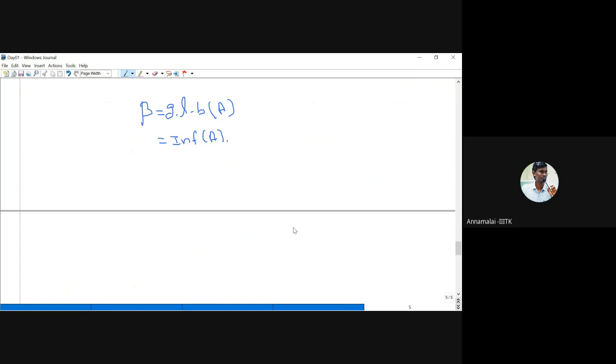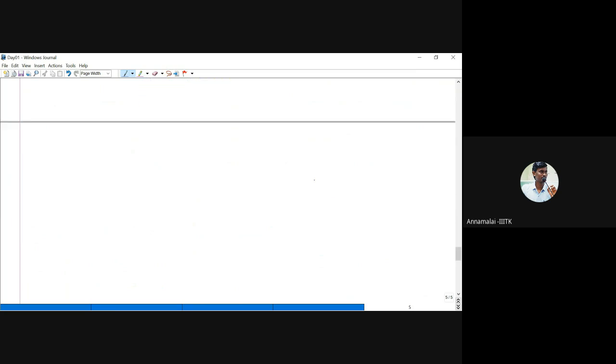Okay, now remark. Suppose you know alpha is the least upper bound, and suppose you are removing something from alpha, then the resulting number need not be an upper bound. So remark, suppose we have an upper bound.